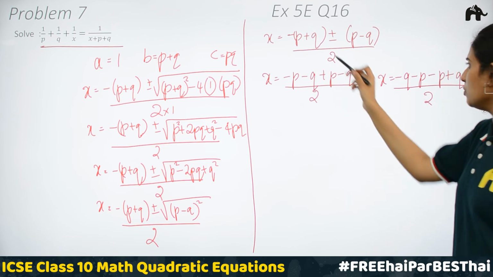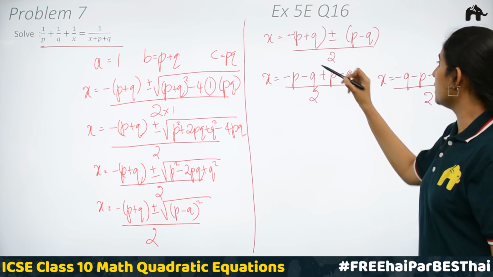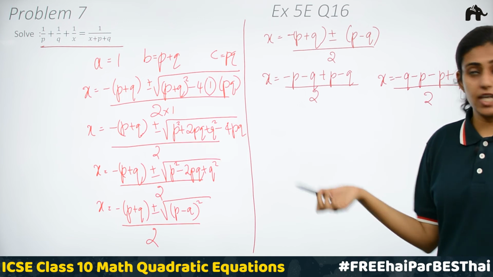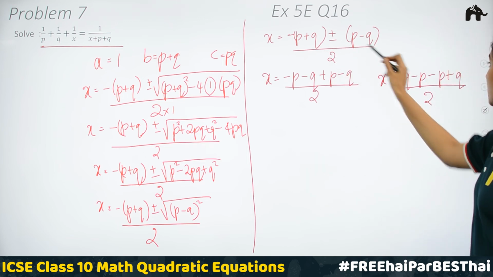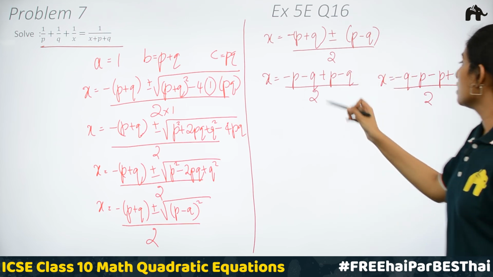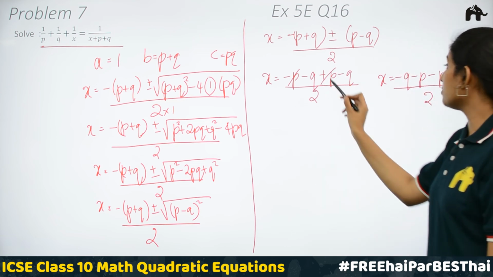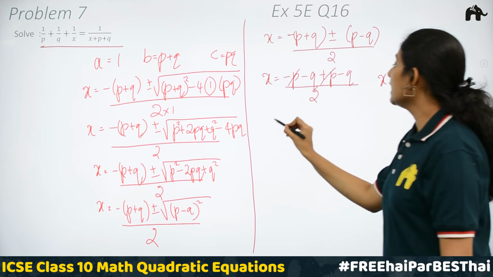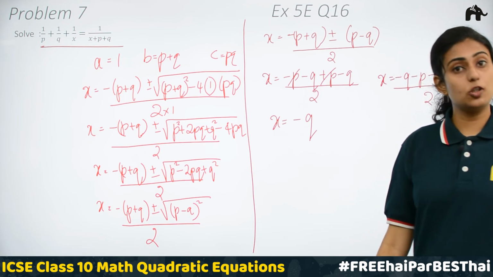That is, we are removing this brackets, negative P, negative Q. When it is plus, this becomes plus P, plus into minus is minus, minus Q. When you take this negative, it is minus P plus Q. Negative into negative is positive. Here, minus P and plus P gets cancelled. You have minus Q, that is minus 2Q divided by 2, that is X is equal to minus Q.